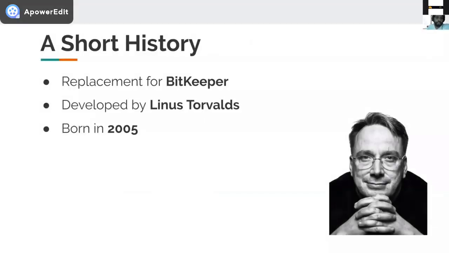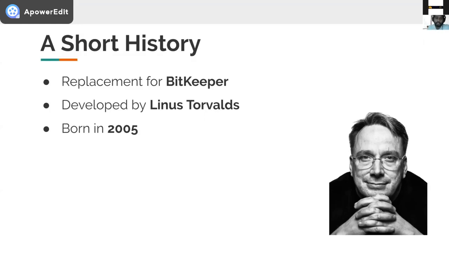Talking about the history, this came as a replacement for a version control system called BitKeeper. BitKeeper is also a distributed version control system, which was used by Linus Torvalds. I suppose everybody knows this person. He wrote the Linux kernel.